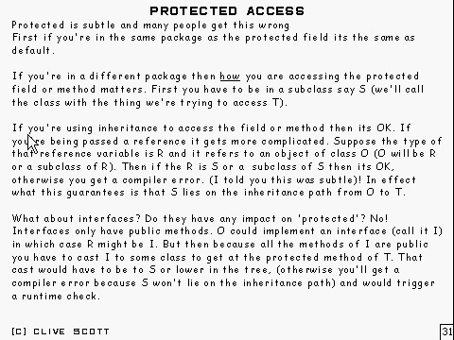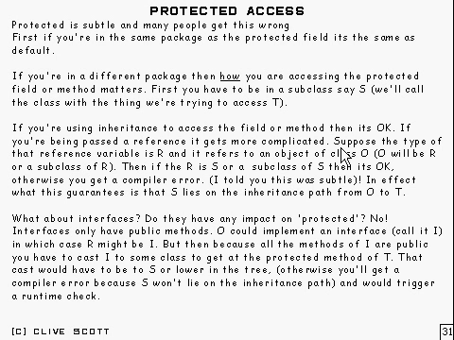Now, if you're using inheritance to access the field or method, then it's okay. It's nice, straightforward, it works. But, and this is the one that people always get wrong, if you're being passed a reference, it gets a lot more complicated.